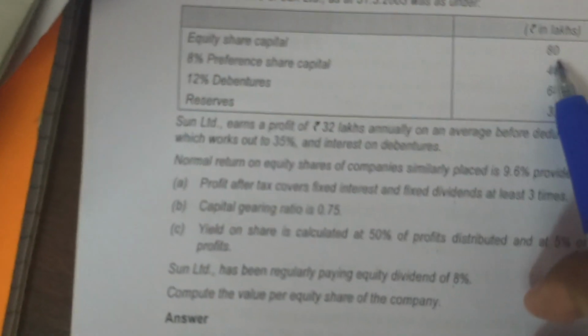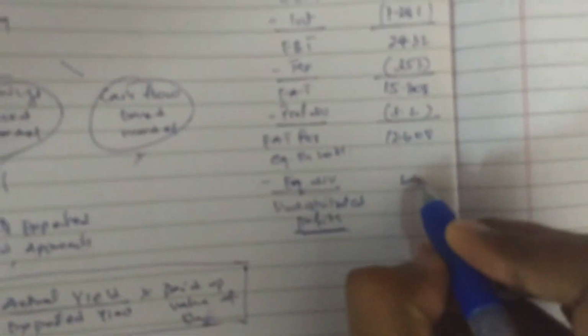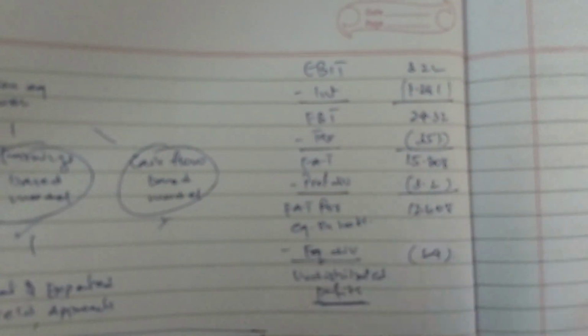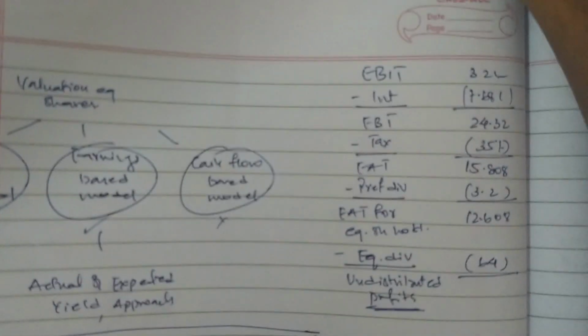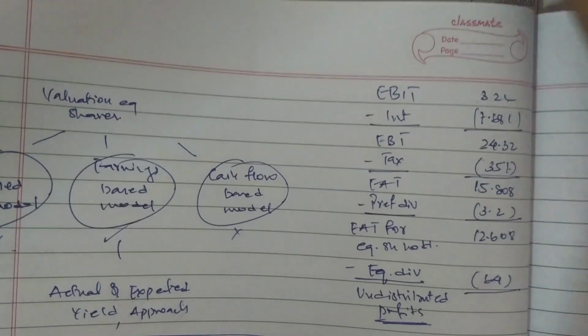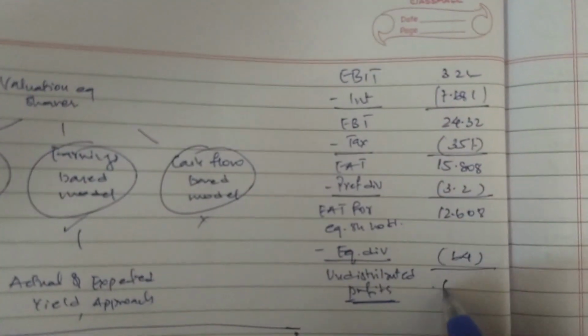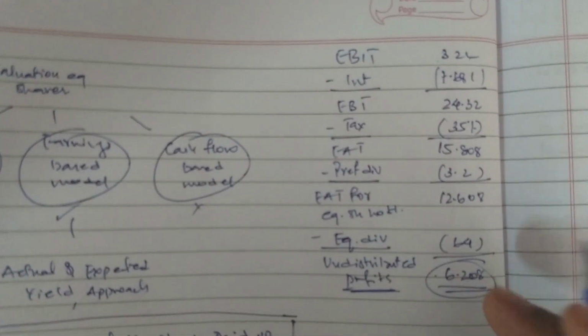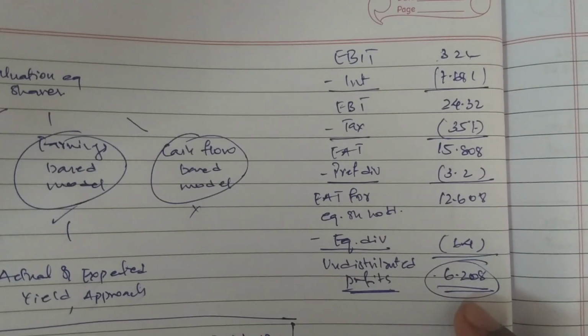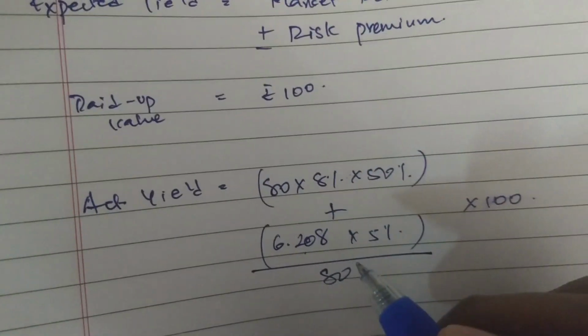On it you have your equity dividend, which is on 80 lakhs at 8%, so 80 into 8% is 6.4. Minus that from 12.608 gives you 6.208 as your undistributed profits. On these undistributed profits you have 5% to your yield, that is 6.208 into 5%, which gives you 0.3104.